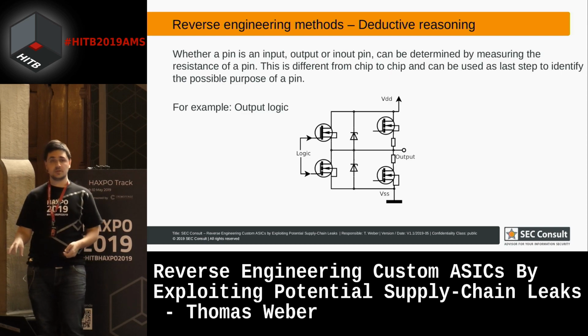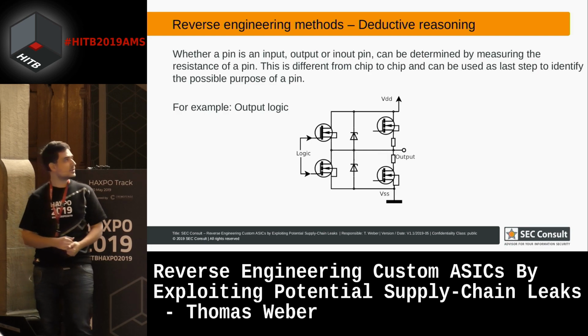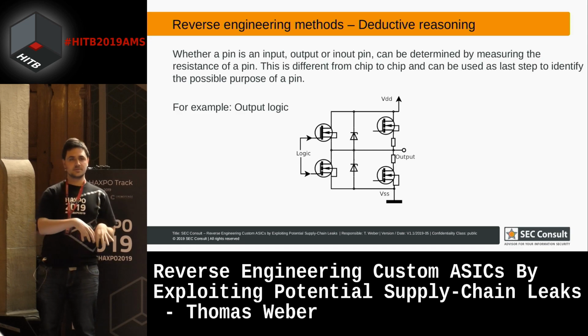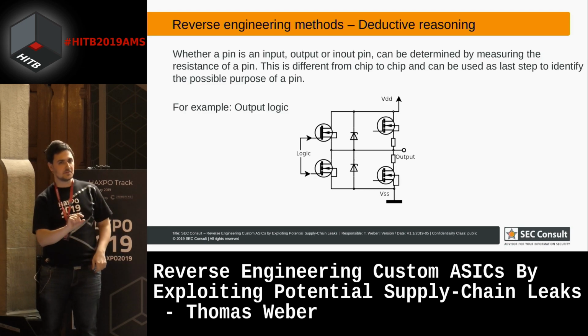For reverse engineering pins where you don't know the interface because there is no attached memory or other system on chip, it's a little bit hard because you cannot be sure: is it an input, is it an output, is it an input and output, or what is it doing? So imagine on the left side the inner workings of the ASIC, or just the actual circuitry, and on the right the pin of the ASIC.